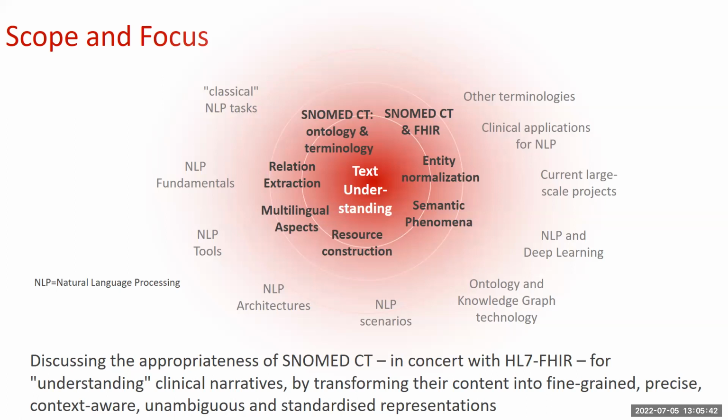So that means that ideally, if this really works 100%, which probably will never happen, but of course we will try to get close to that, then the target structure is really a set of instantiated FHIR resources with terminology bindings, which really represents clinical content as if it were entered by structured data entry.